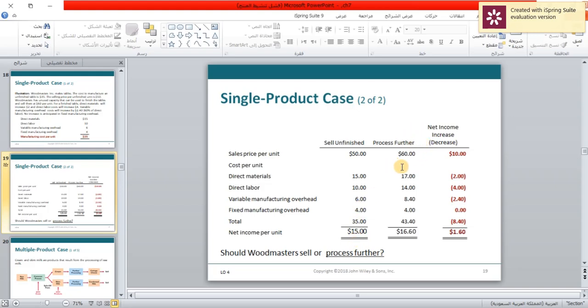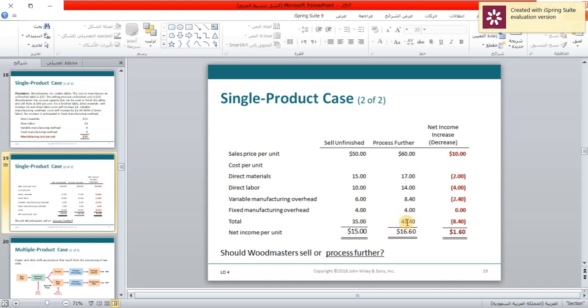Process further, new data: new sales price $60, direct material $17, which is 15 plus 2, direct labor $14, with variable manufacturing overhead $8.40, fixed manufacturing overhead the same.